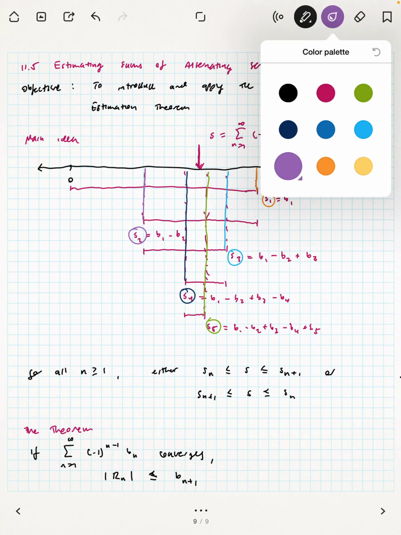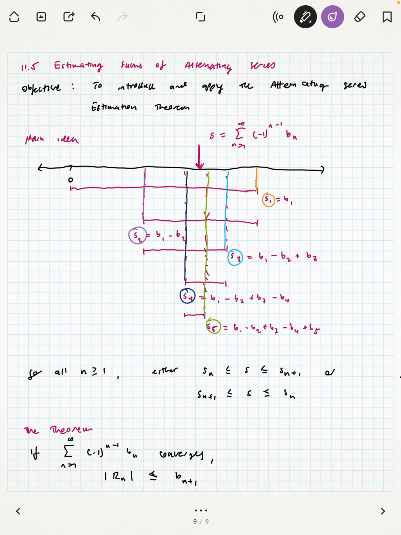Okay, so to visualize that, the remainder that we would get for the tail of the series after stopping at one term has to be less than, or the magnitude of it has to be less than, b sub 2. Because we're only going back by b sub 2.